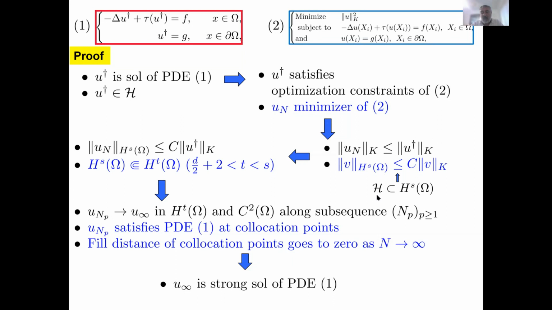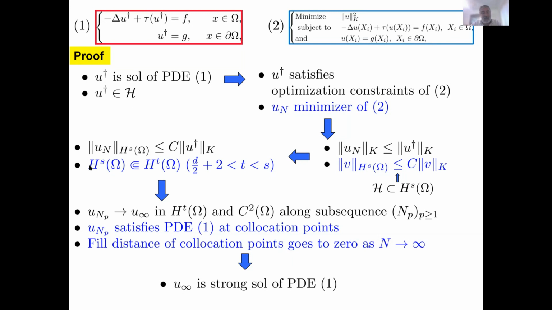Now, since the RKHS space defined by the kernel K is continuously embedded in the space HS, we know that the following functional inequality holds for all functions V. Therefore, we deduce that the HS norm of UN must be bounded uniformly in N by a constant times the RKHS norm of the solution of the PDE.